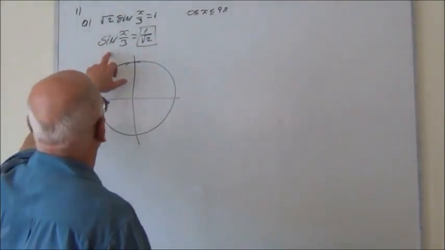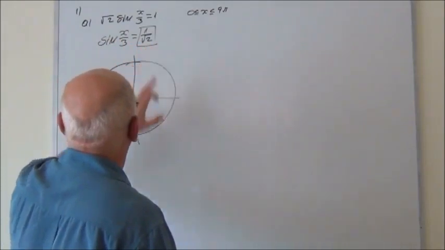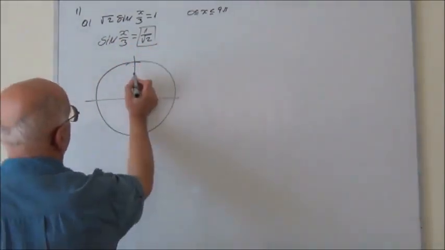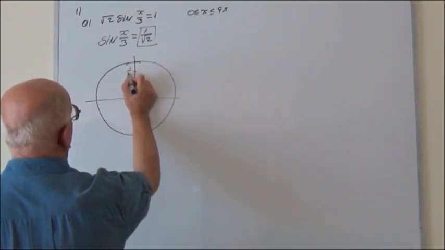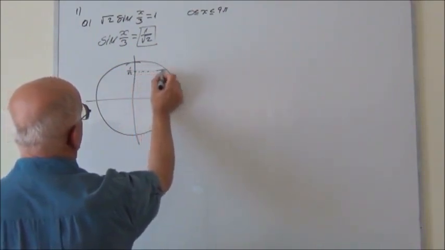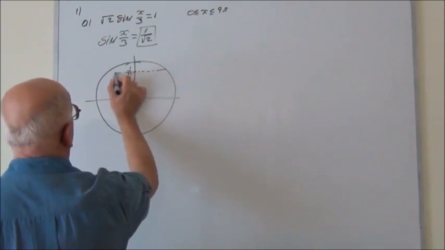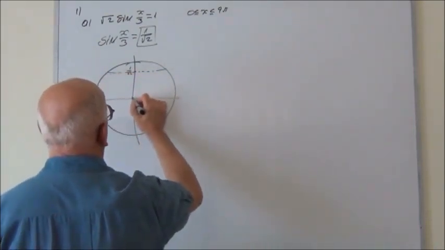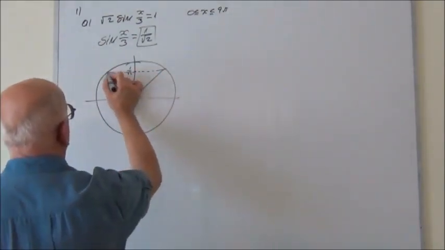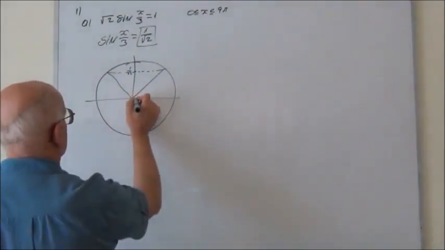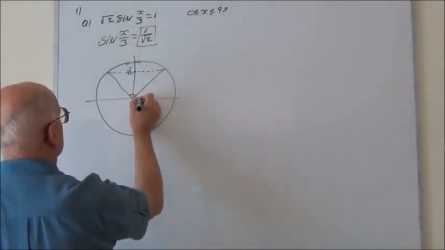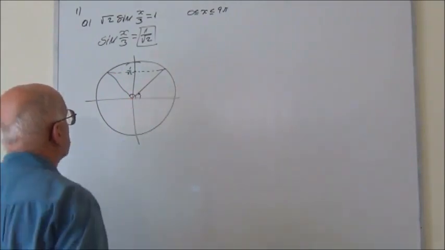For the sine function, the value is 1 on root 2, that is somewhere here, and two possible angles for our solutions are this angle and this angle here.